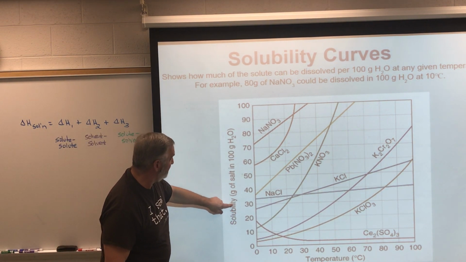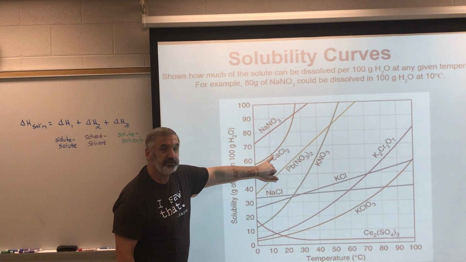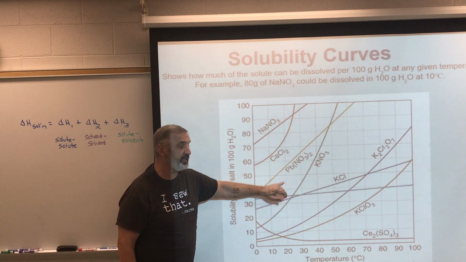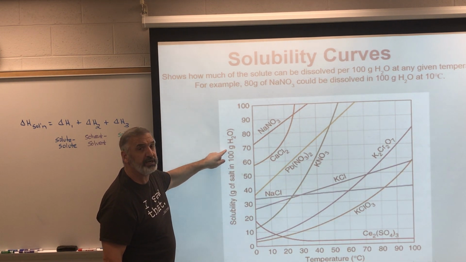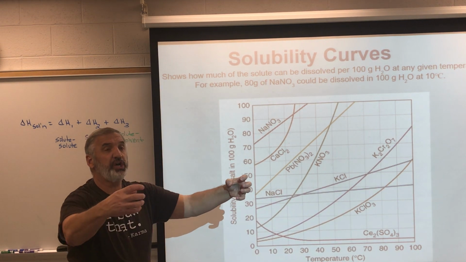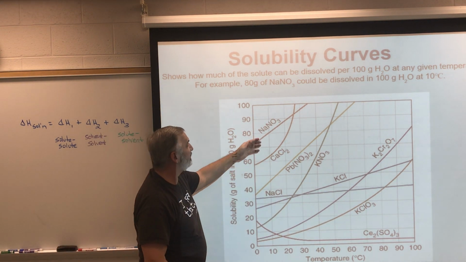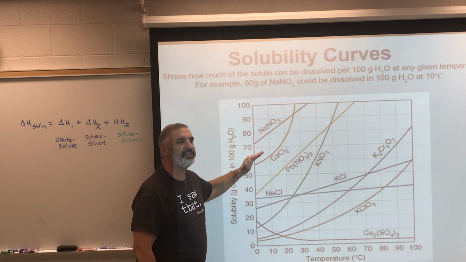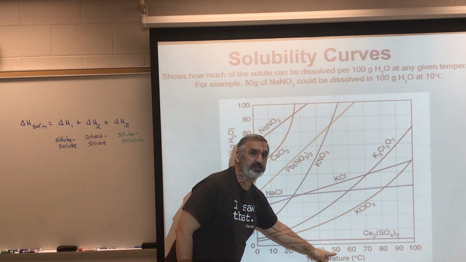This is grams of salt, in other words grams of NaNO3, grams of calcium chloride, grams of lead nitrate, grams of salt per 100 grams of water. So we're comparing apples to apples. I have all these different beakers, 100 grams of water in each one. That'd be 100 milliliters. What's the maximum amount of each one of these? What does it take to make a saturated solution at any given temperature down here?